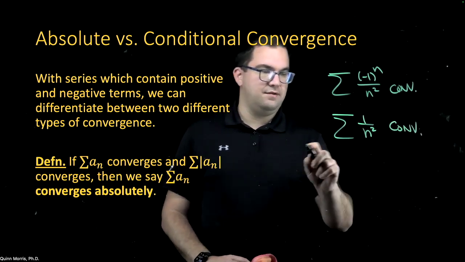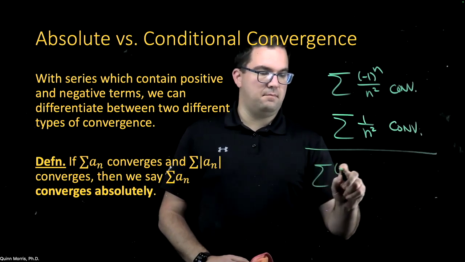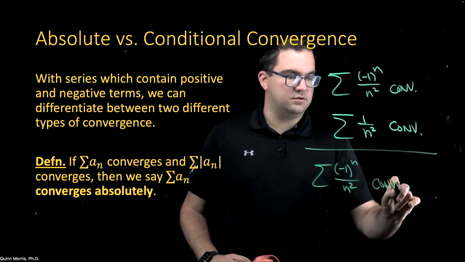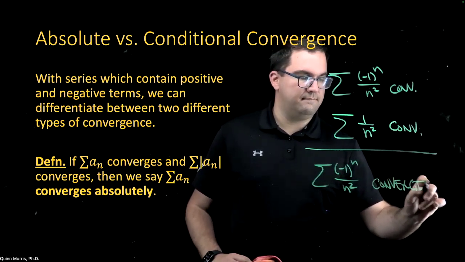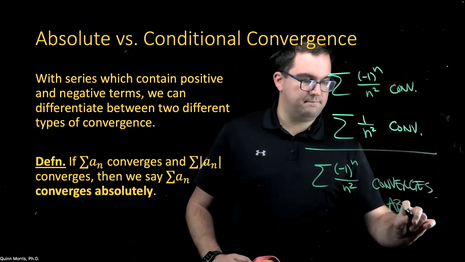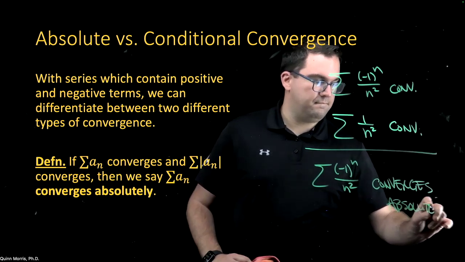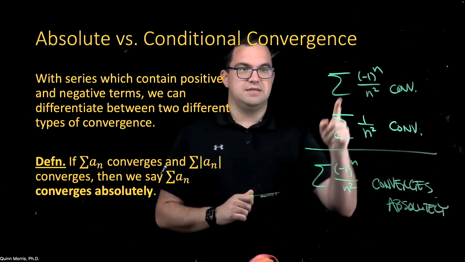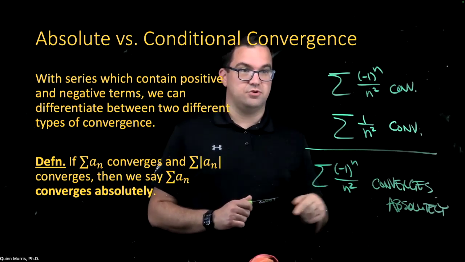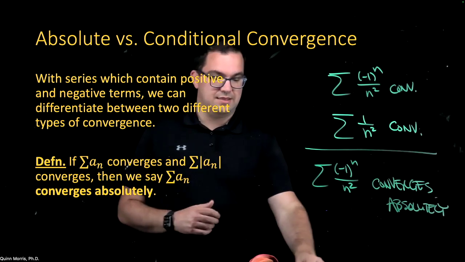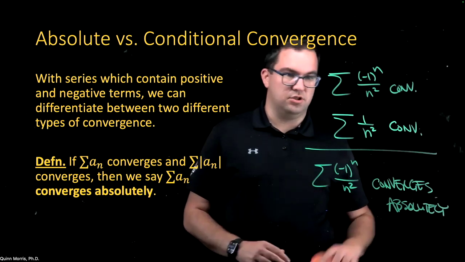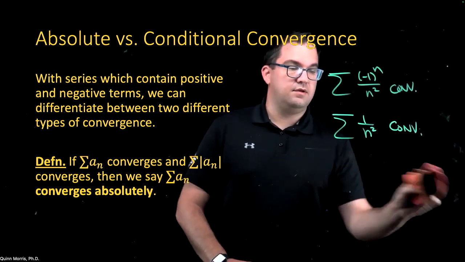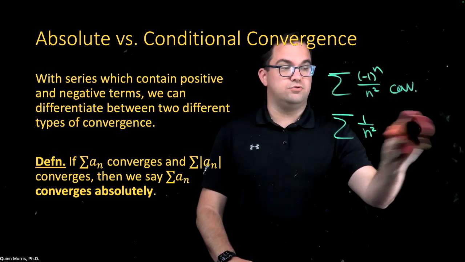So we would say that the sum of minus 1 to the n over n squared converges absolutely. So if the series and its series of absolute values both converge, then we say that the original series converges absolutely.